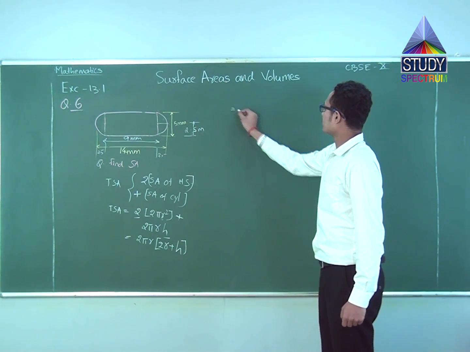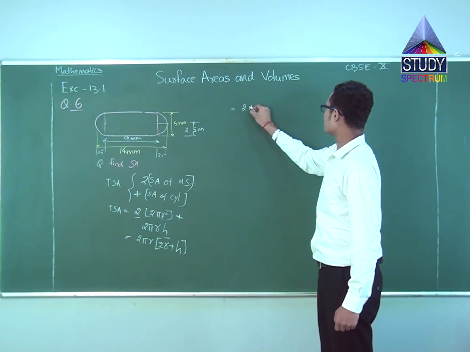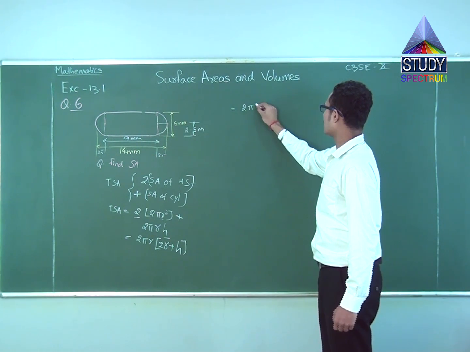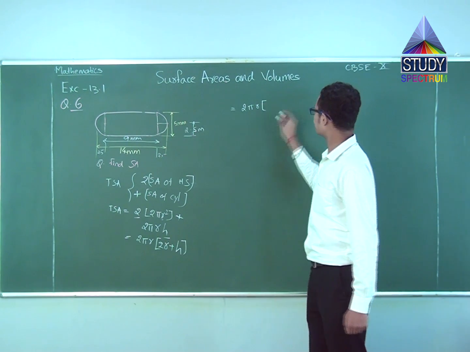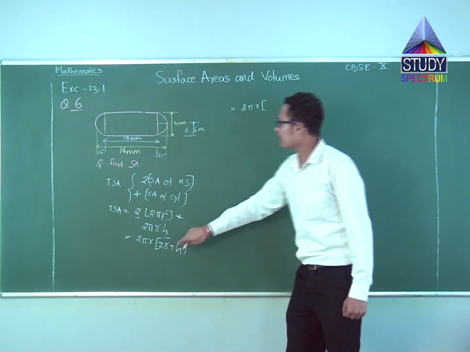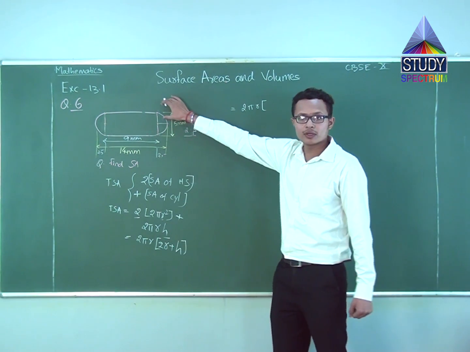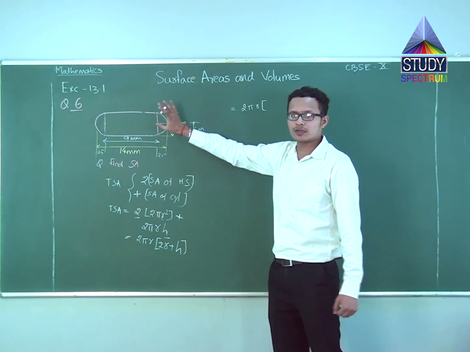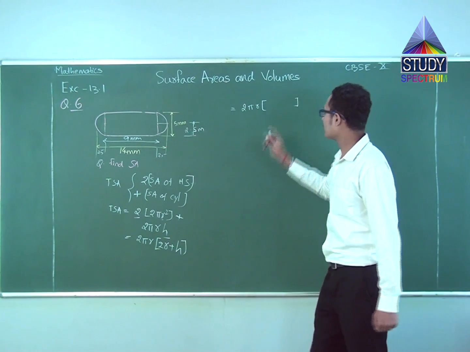So now this is equal to 2 into pi into r into, in the bracket, 2 into r plus h. Remember, r is radius of cylinder as well as hemisphere. R is 2.5.